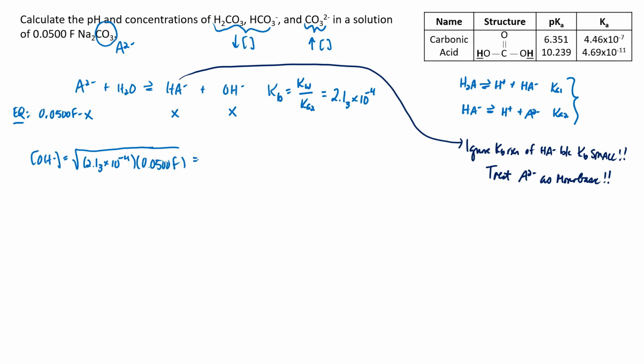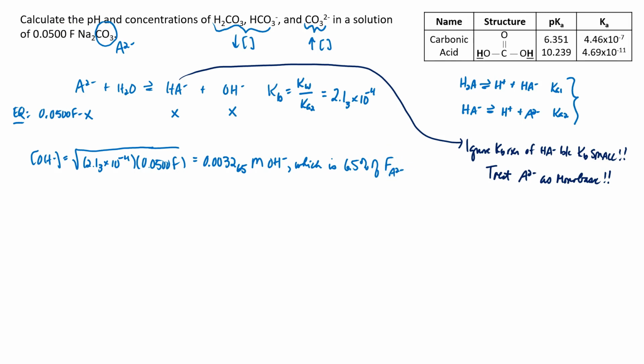And I got for OH- 0.0032 with an insignificant 6.5 molar, and that's not less than 1% of this formal concentration. It's not less than 5% of this formal concentration. This OH- concentration is about 6.5% of this formal concentration of A-2. So quick and dirty failed.